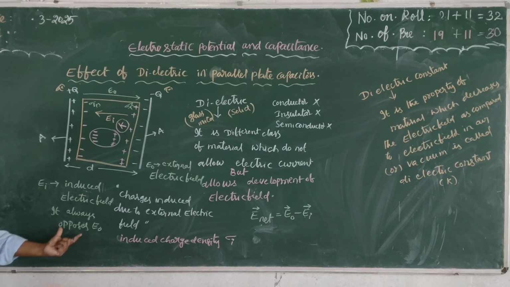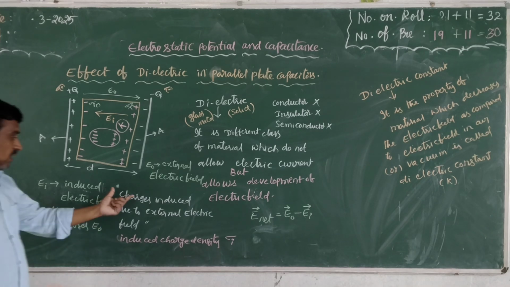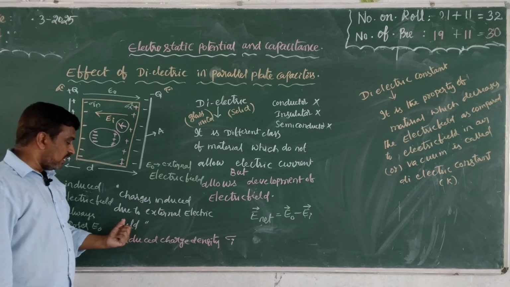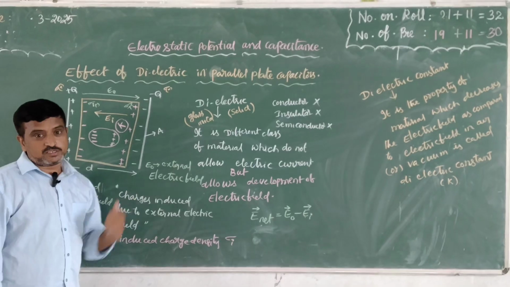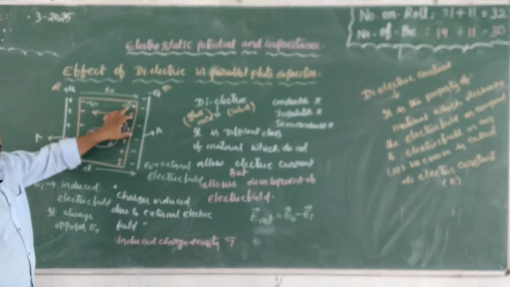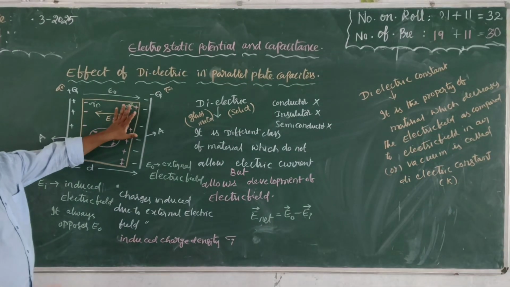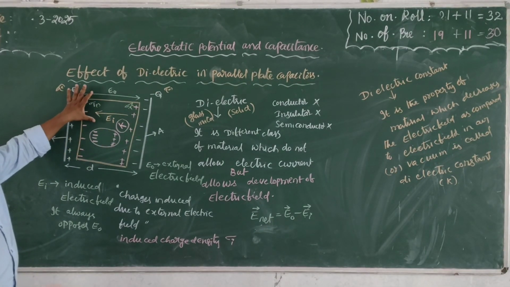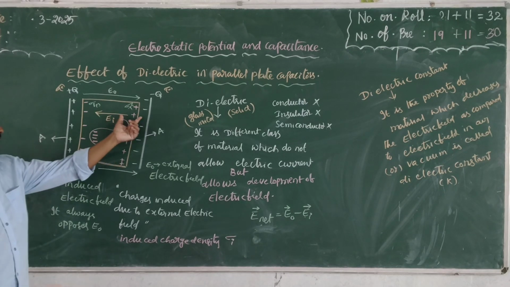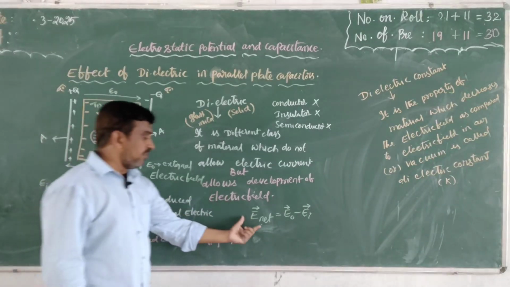It always opposes E naught, the external electric field. Charges are induced due to the external electric field. Induced charge density we write as sigma I: plus induced surface charge density here, minus induced surface charge density here. What is the net electric field here?